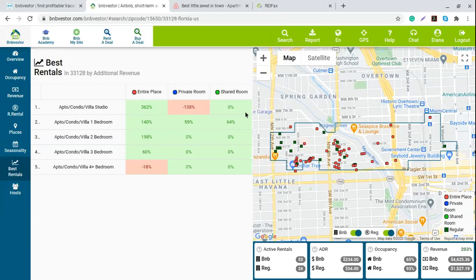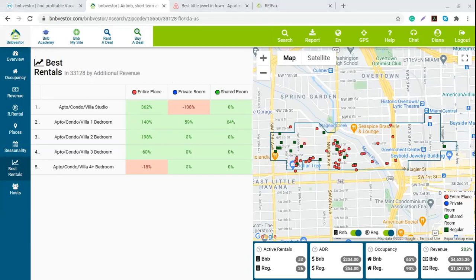And only 1 bedroom, this one entire place, if you rent a condo, townhouse or villa with one bedroom, renting that as an entire place is going to give you better additional revenue, okay? Compared if you only rented the room or a share room, okay? Did you get that? Let me know, please.